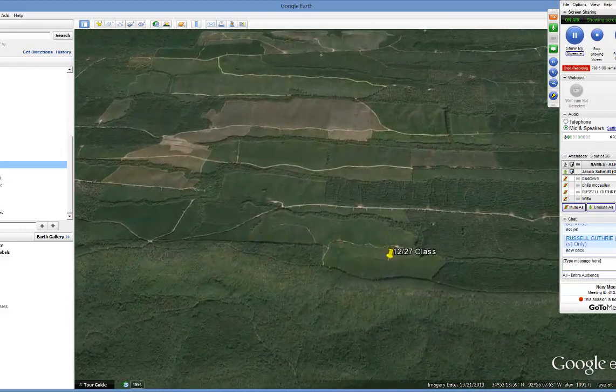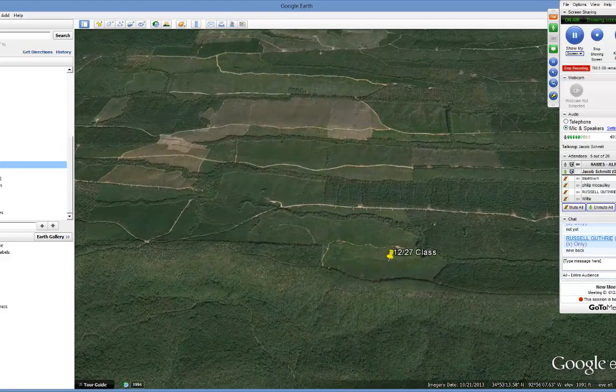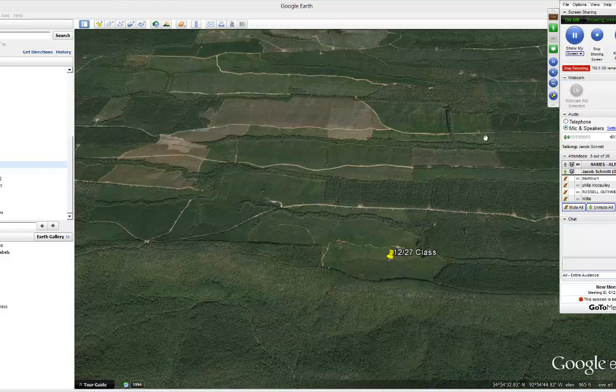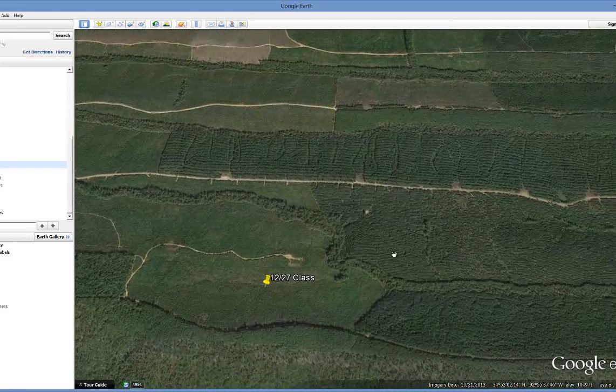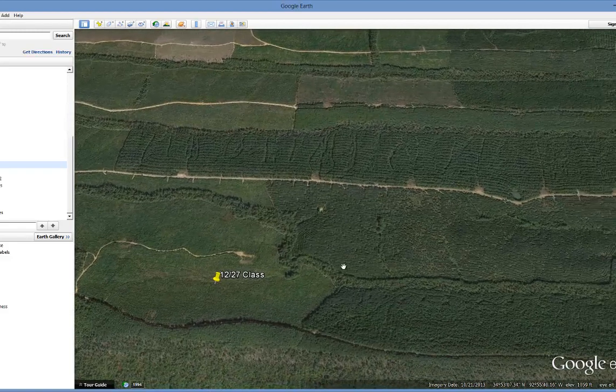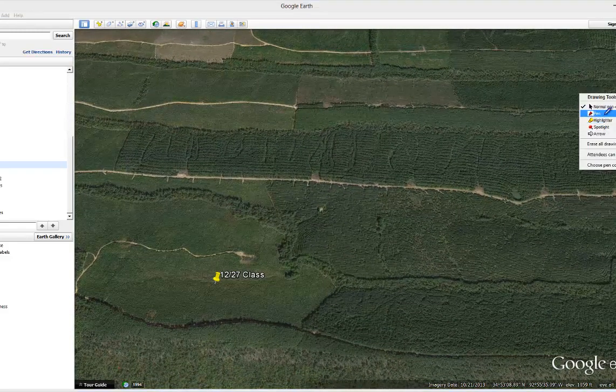Now, I'm going to talk about that same question again for just a second. In an area like this right here, guys, you've got this huge thicket. This area here is a massive thicket, and there is a creek at the bottom.